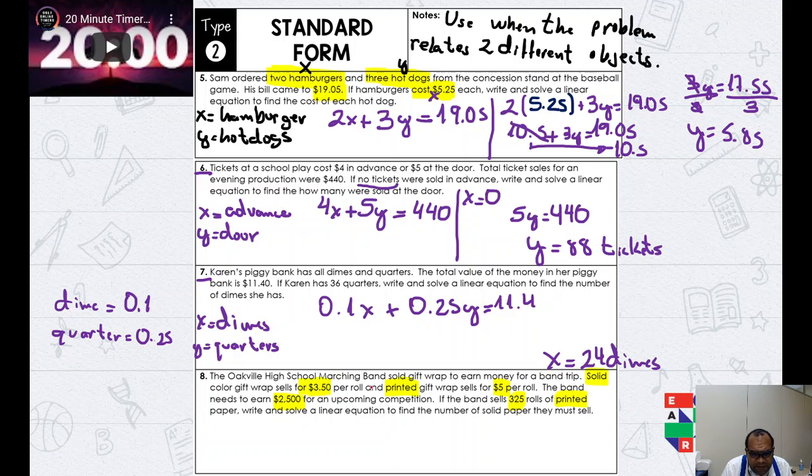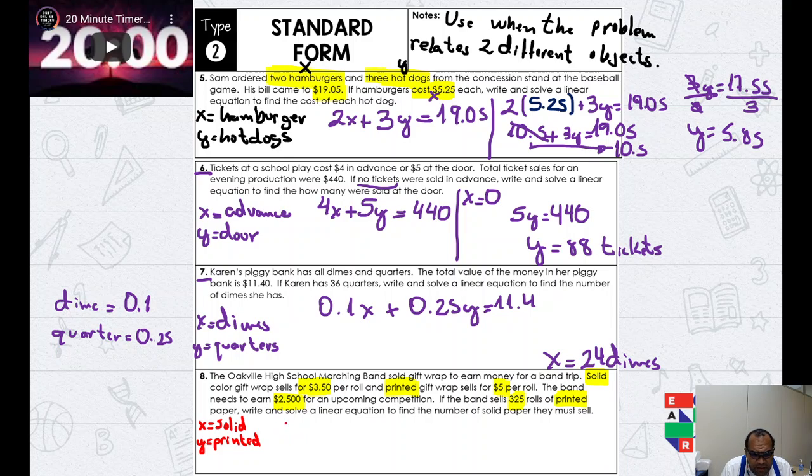First thing, let's define who is X, who is Y. My X, let's be the first one, the solid. X equals solid. And my Y equals printed. Right now, we need to understand the equation over here.